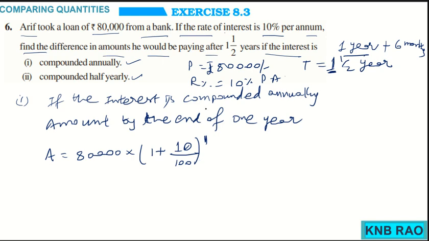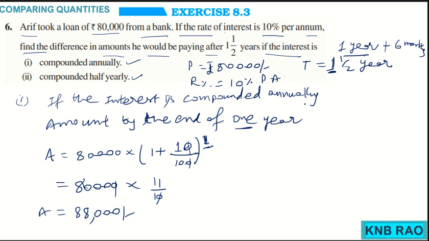I have written 1 because it is compounded annually and for 1 year, so n becomes 1. So 80,000 into 1 plus 1 by 10, which is 11 by 10. After simplification it becomes 88,000. Now, this is the amount by the end of 1 year.